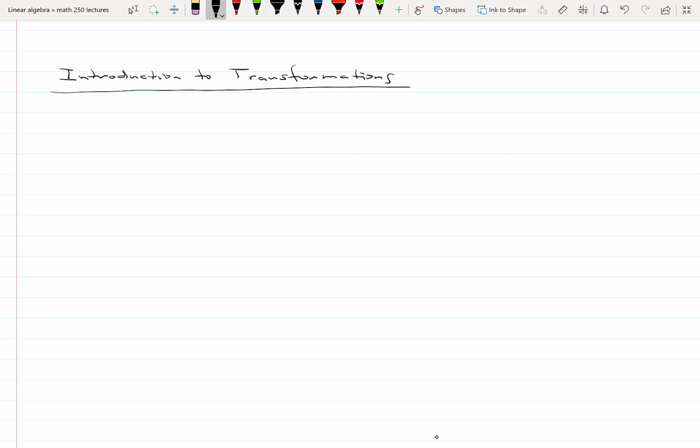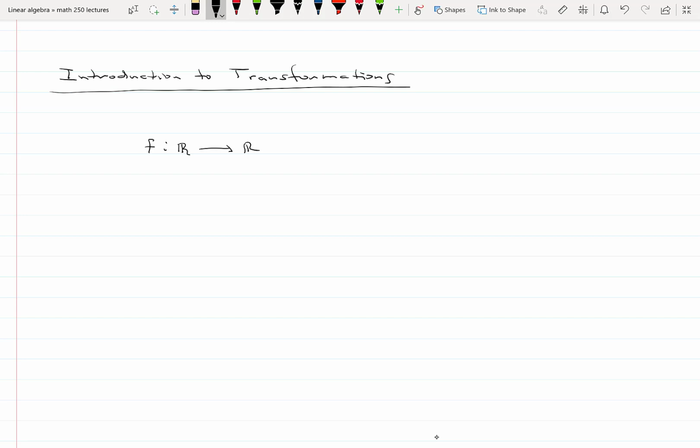You've studied transformations, functions between 2 vector spaces. You've studied functions which take an element of R, a real number, and turn it into another real number.